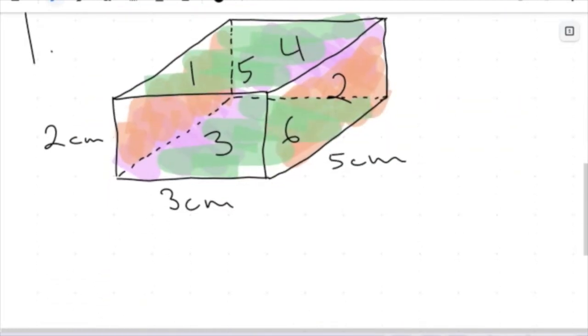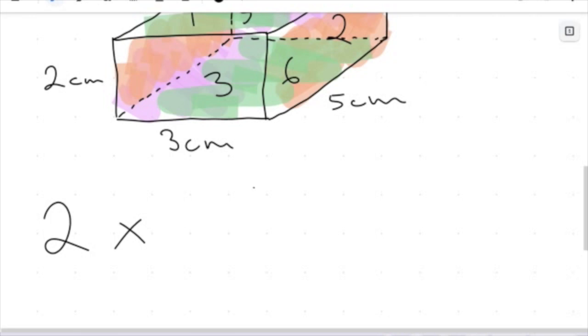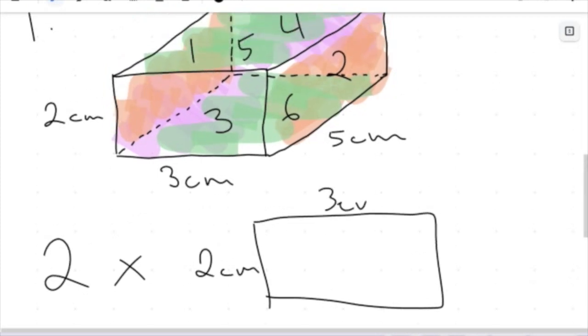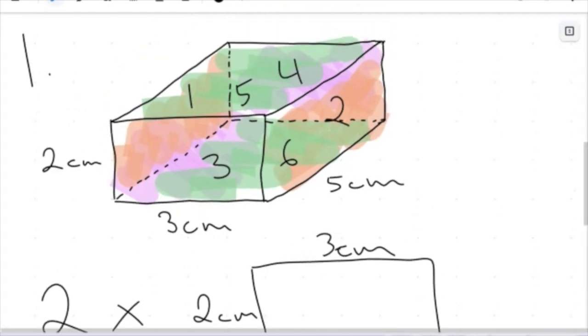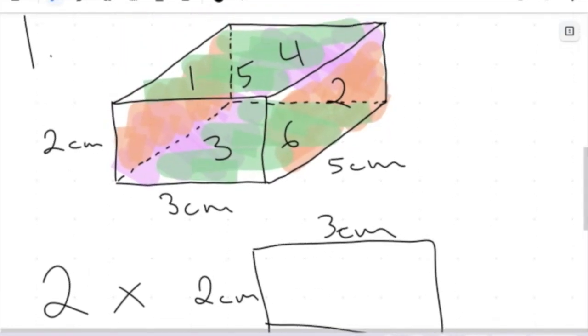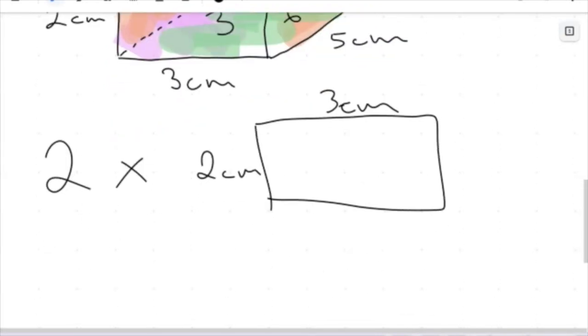But let's think of all the surfaces I have here. I have two lots of this surface, my front and my back one, with dimensions 2 centimeters and 3 centimeters here. So this here is my front and back, my number 3, my number 4 on my prism.